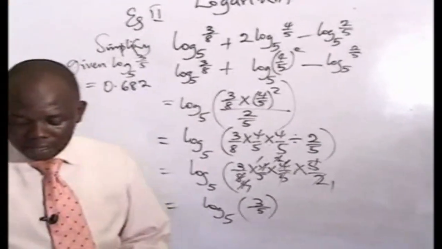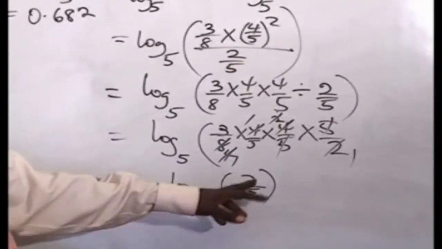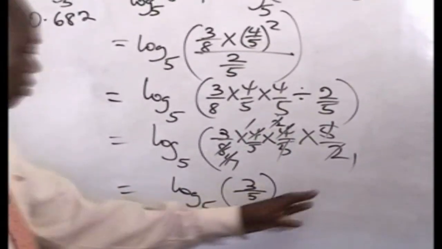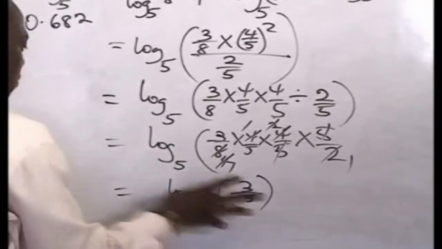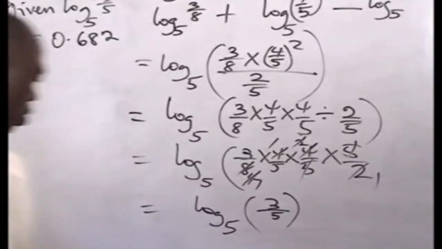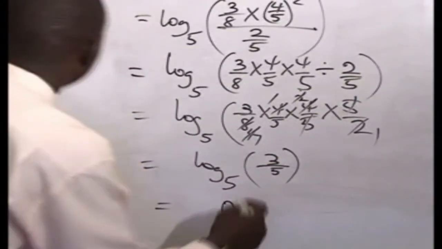All right, so see that if you have gotten it up to this point, log 3 over 5 base 5 is what you have gotten, and you have been given this value, the whole of this value as 0.682. So your final answer therefore will be 0.682.